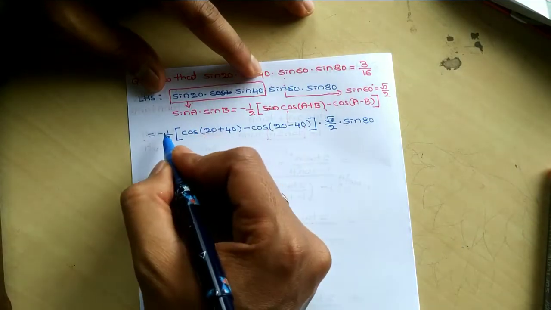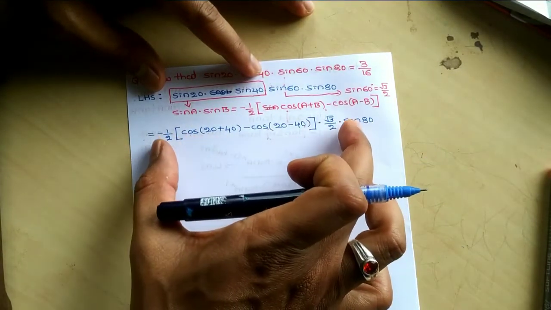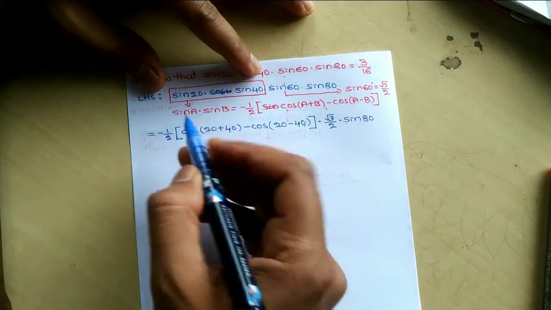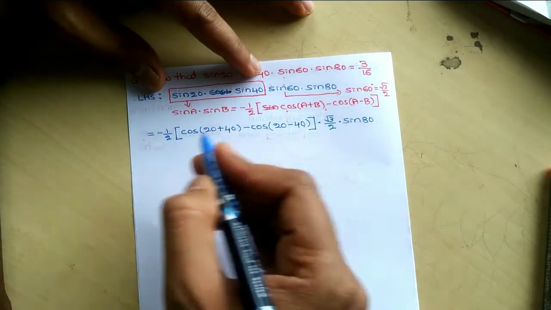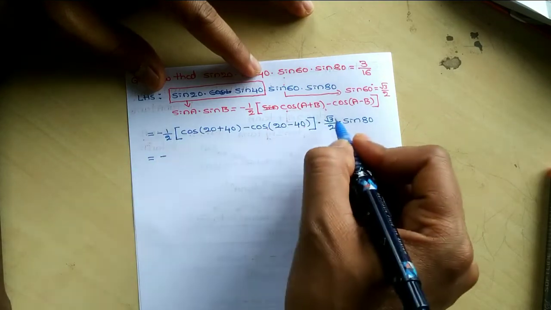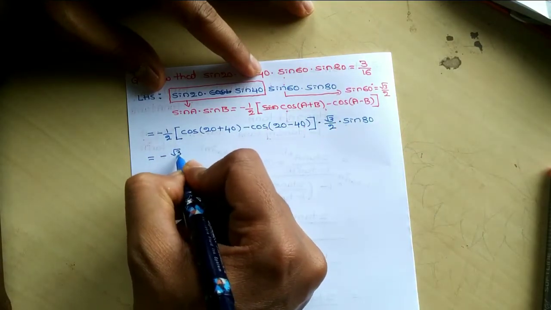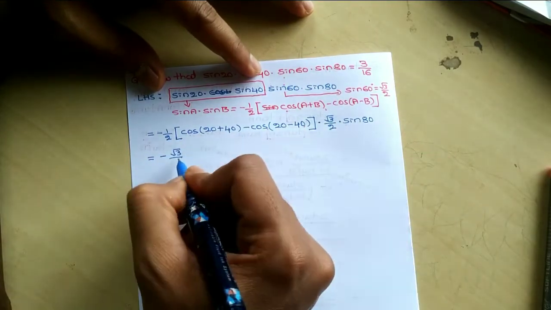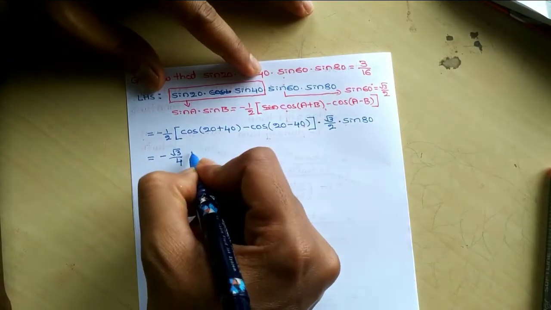So next, now these two you multiply. Last, because of multiplication sign, you can multiply 1 by 2 into root 3 by 2. So which is equals to minus, I am going to keep it as it is, 1 into root 3 is root 3 divided by 2 into 2 is how much here? 4 into sin 80.